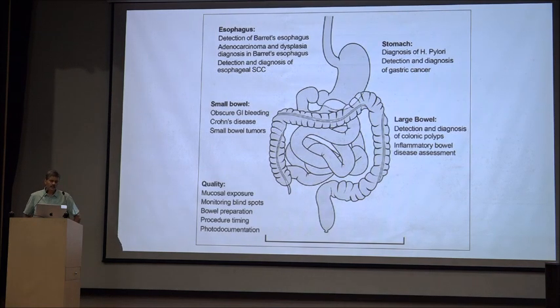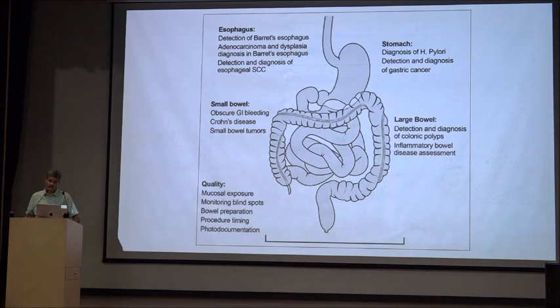So this is how AI applies to the GI tract. In the esophagus, for the detection of Barrett's esophagus, squamous cell carcinoma, or Barrett's esophageal related neoplasia. In the stomach, for diagnosis of H. pylori and early gastric cancer. In the small bowel, AI can interpret your capsule endoscopy studies.